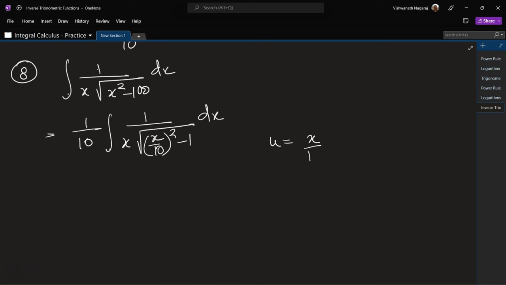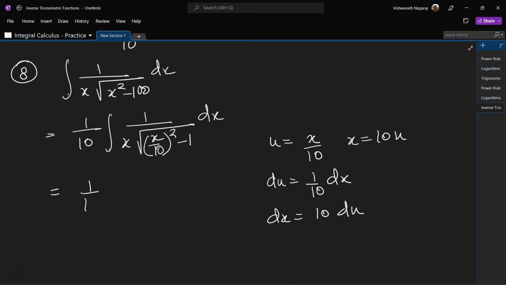u is equal to x by 10. That means x is equal to 10u. du is equal to 1 by 10 dx. That means dx is equal to 10 du. 1 by 10, integral of dx is 10 du. x is 10u square root of u square minus 1.